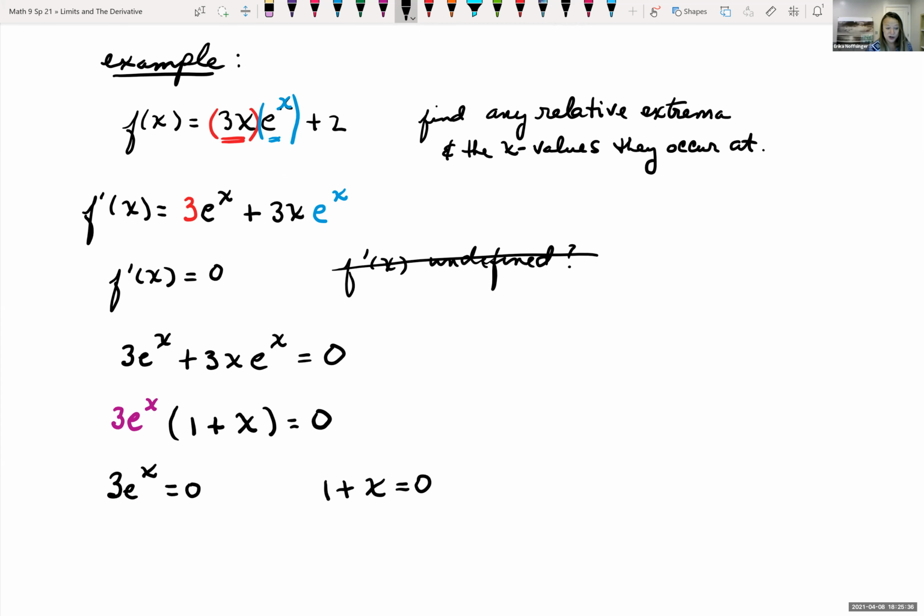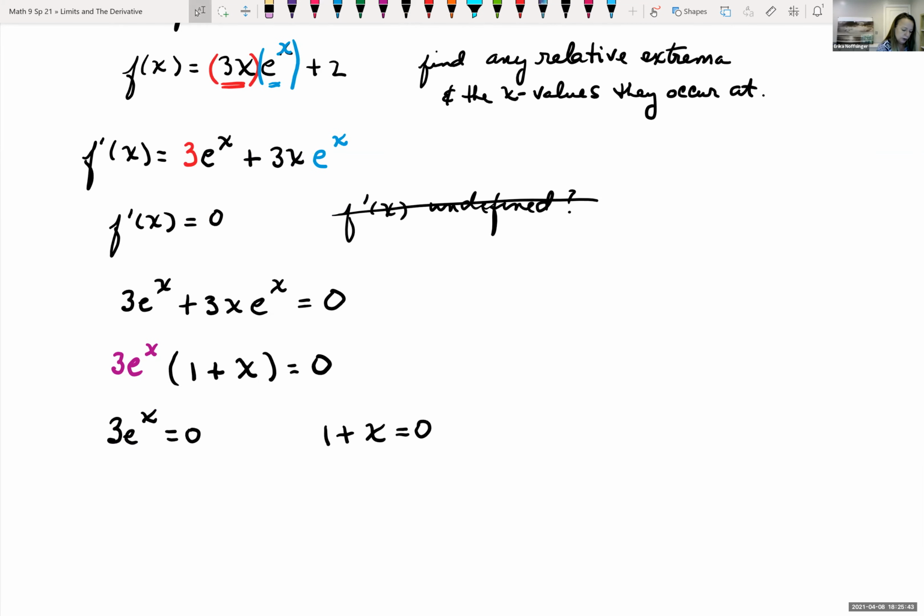Well, it's helpful to know what your function e to the x looks like. That is never going to equal 0. This is a function that looks like this, and it gets closer and closer to the x-axis as x goes to negative infinity, but it never touches, never crosses.